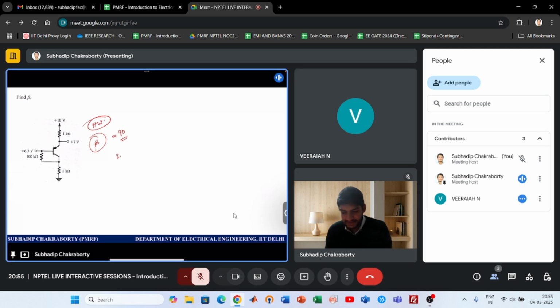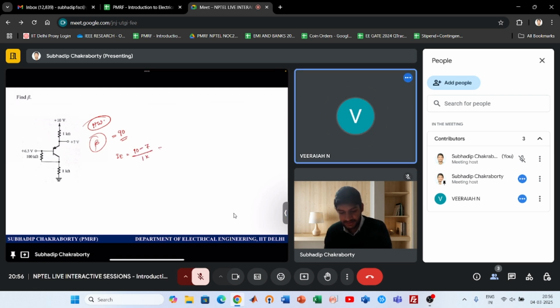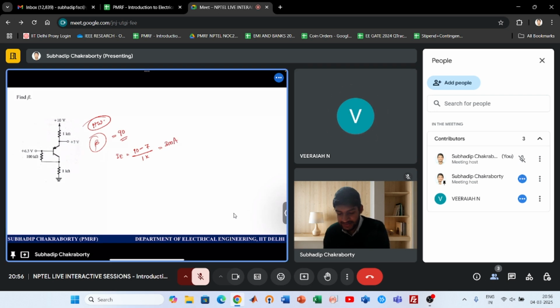So just for convenience, I am writing emitter current is nothing but 10 minus 7 by 1, okay, 3 milliamps. So IE, right? And from here you can calculate VC. Collector current you can calculate, because this is 6.3 and this is 7, right?